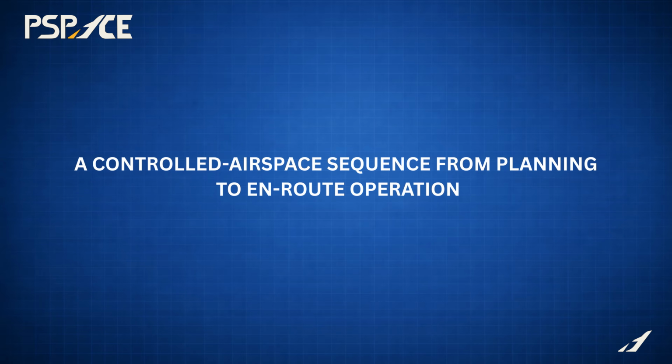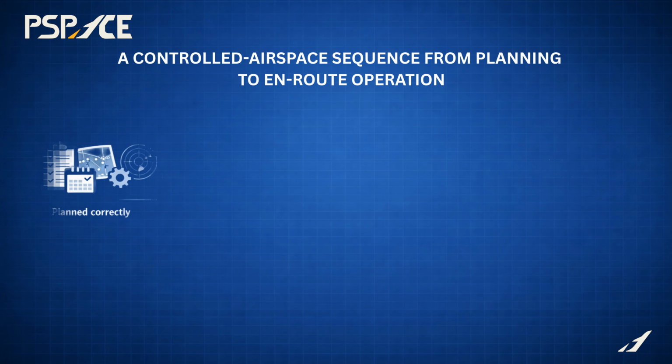Viewed as one operational sequence, the lesson forms a clear chain. The operator plans the flight so that ATS will be used appropriately, the required flight plan is filed, route structures and likely restrictions are integrated, and contingency procedures are available.